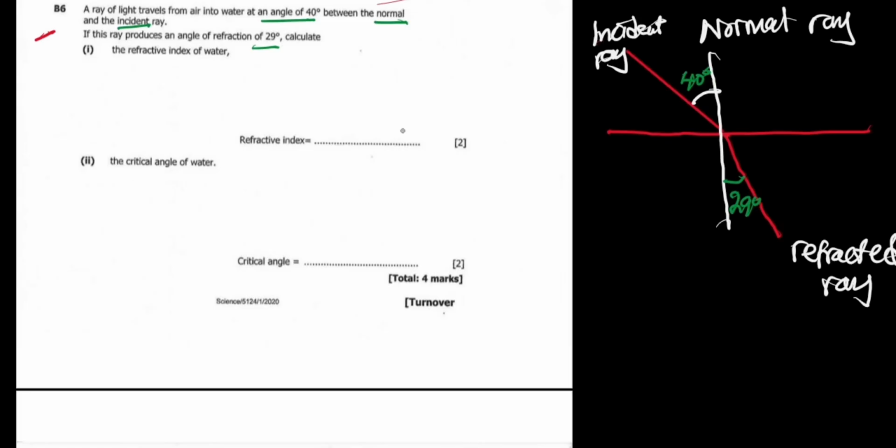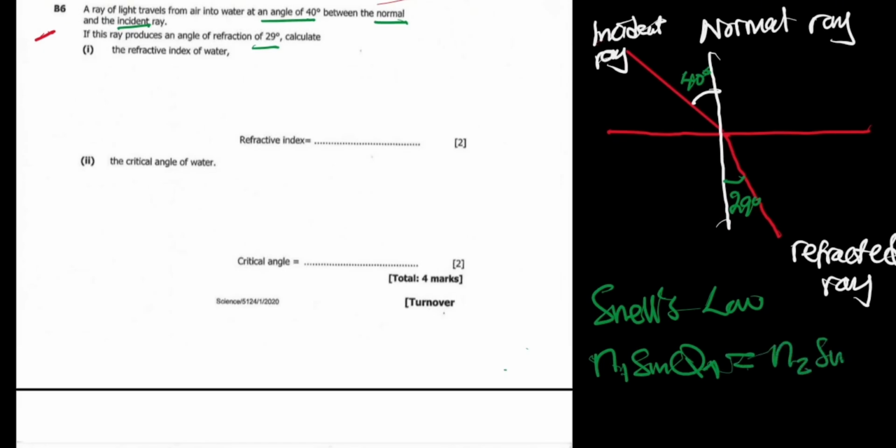Now, the first question is to find the refractive index of water. The refractive index is found using what we call Snell's law. Snell's law is given by n1 sine theta 1 is equal to n2 sine theta 2. Now, n is the symbol of the refractive index.